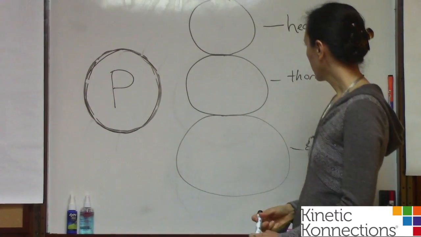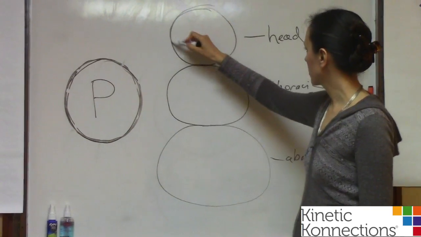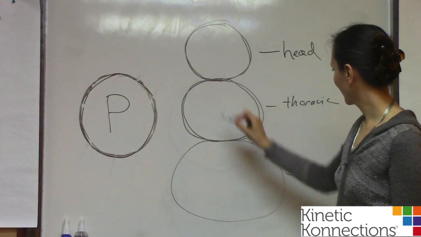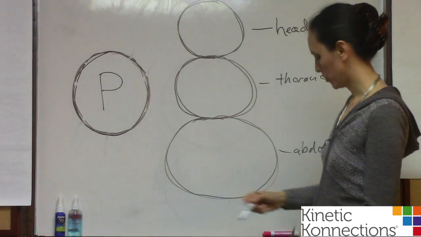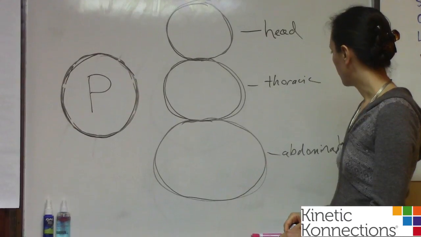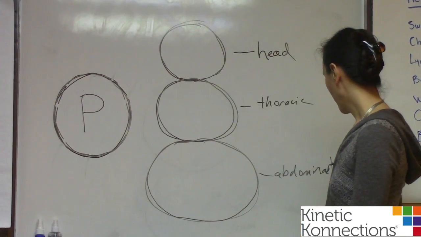So what we're going to talk about next is, what are these boundaries in our snowman here? What makes up the boundaries of these cavities in our body? I will start us off here.